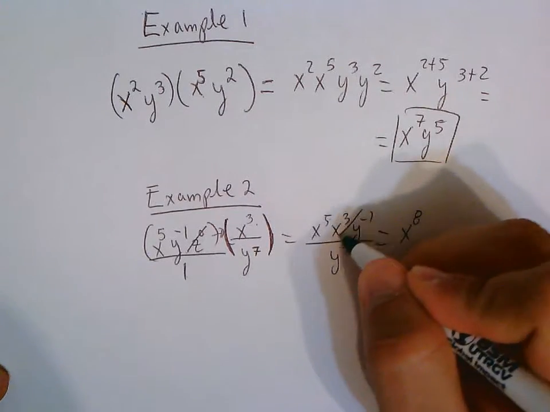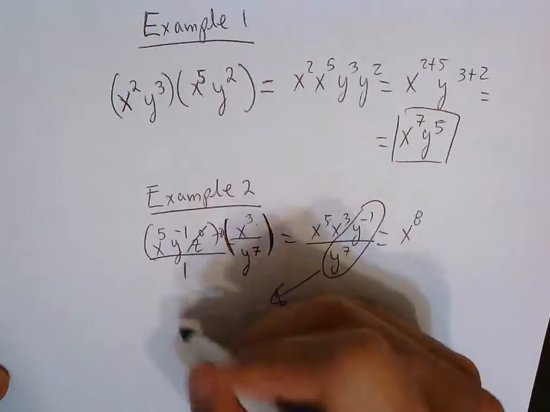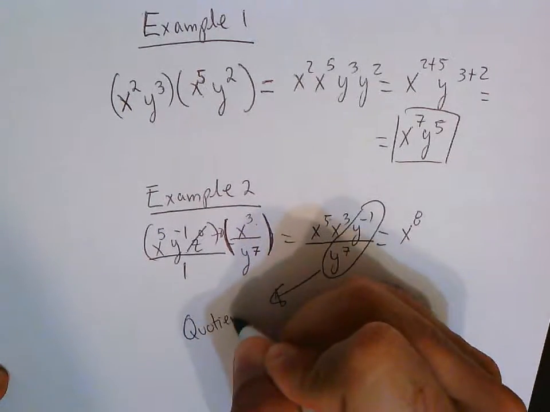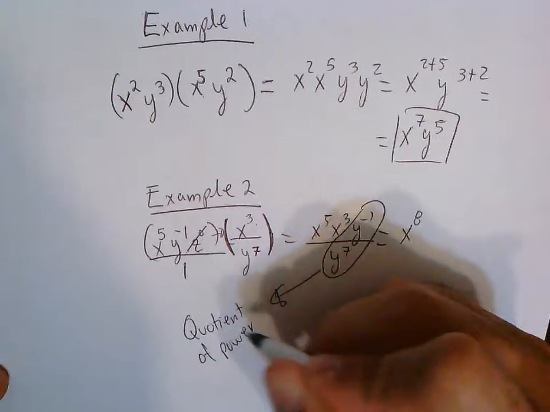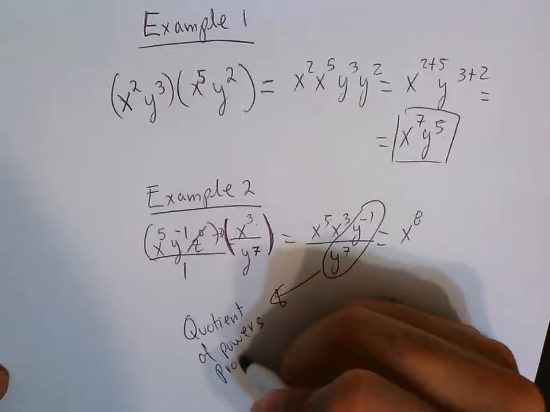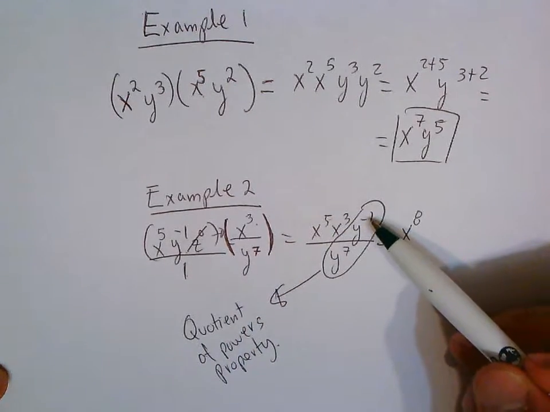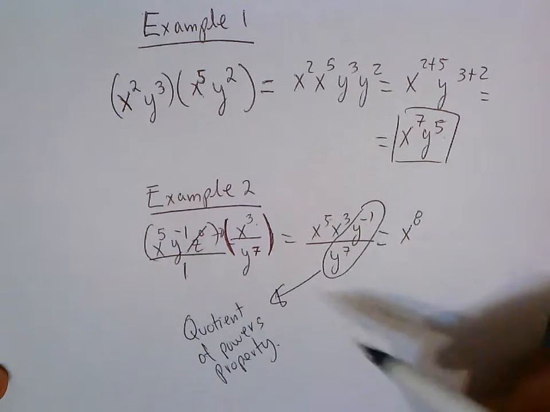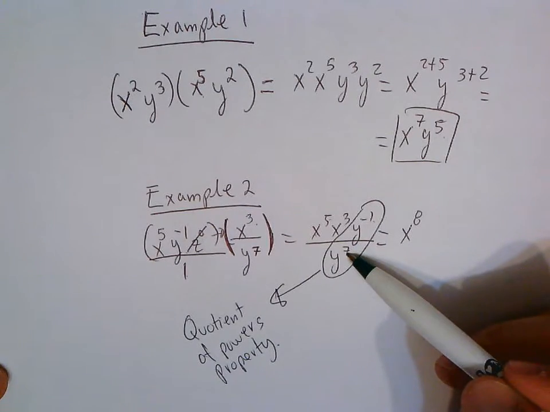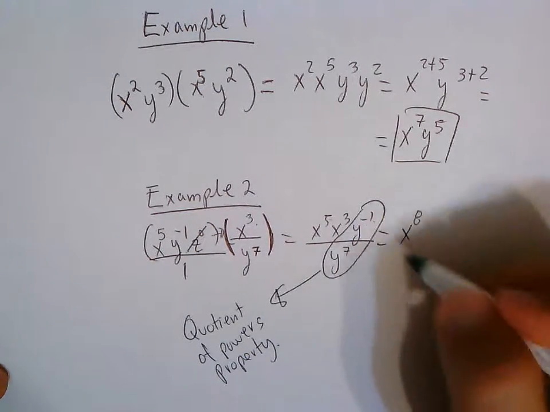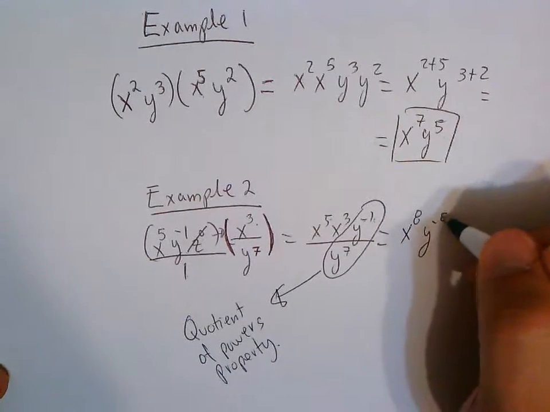And now here, I will have to use the quotient of powers property, which means that I will subtract the exponent on the numerator minus the exponent on the denominator. So this is equal to y to the power of -1 minus 7 is -8.